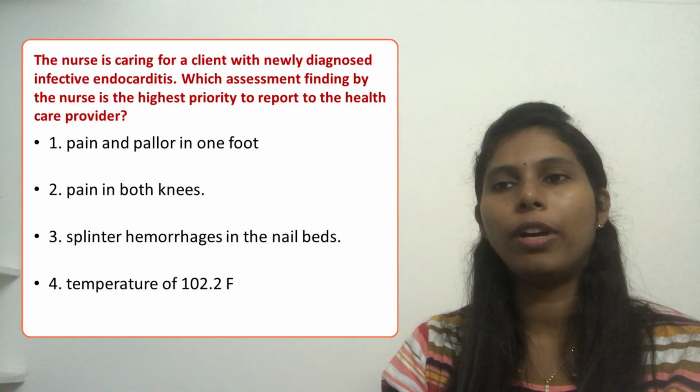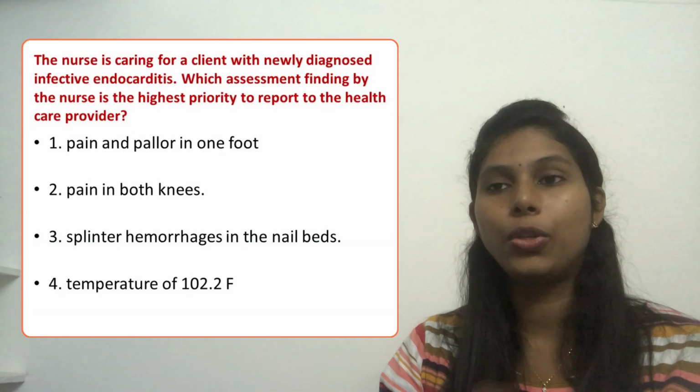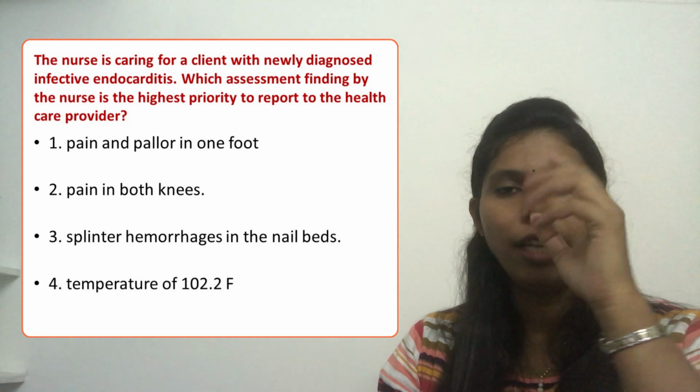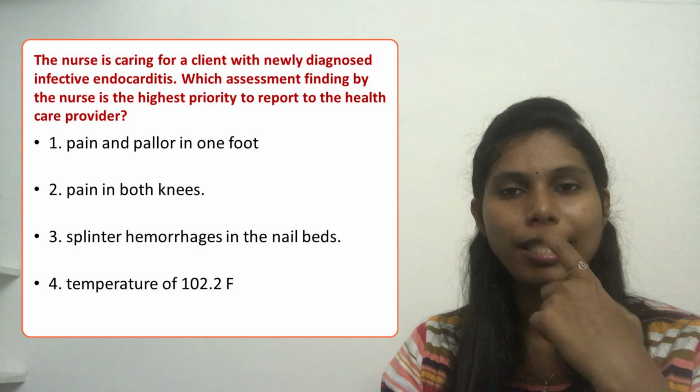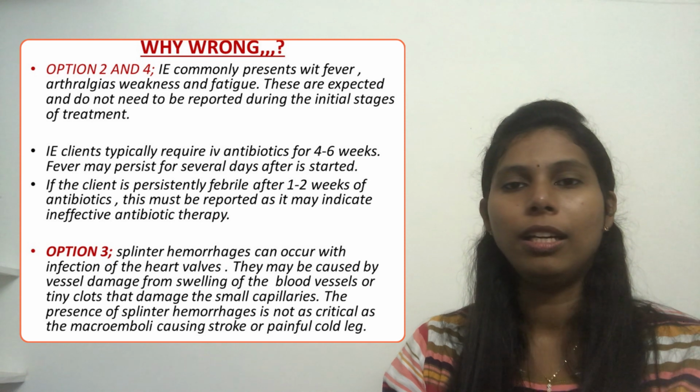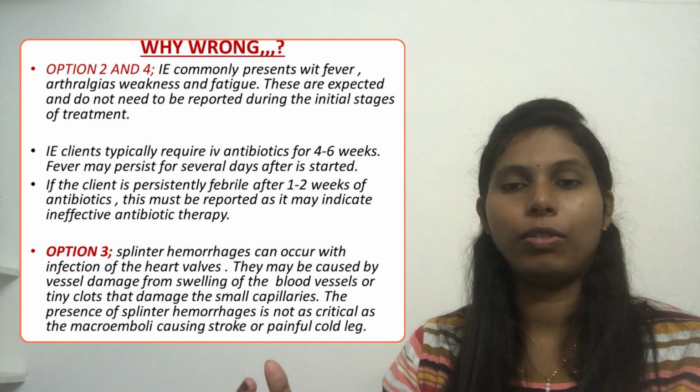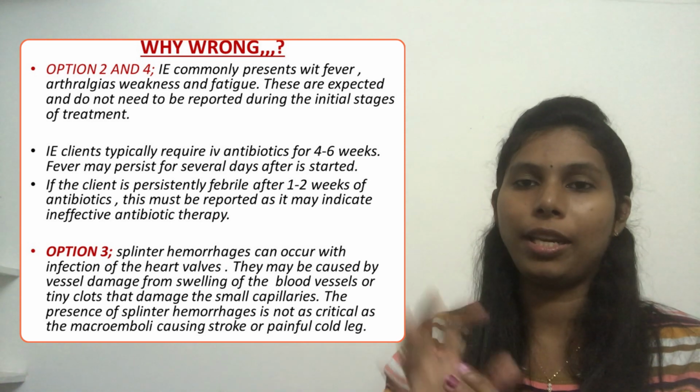Then the next option is a temperature of 102.2 degrees Fahrenheit. The first clinical feature that we studied for infective endocarditis is fever. So it is expected. It might last for 2 or 3 days even after starting the antibiotic therapy.